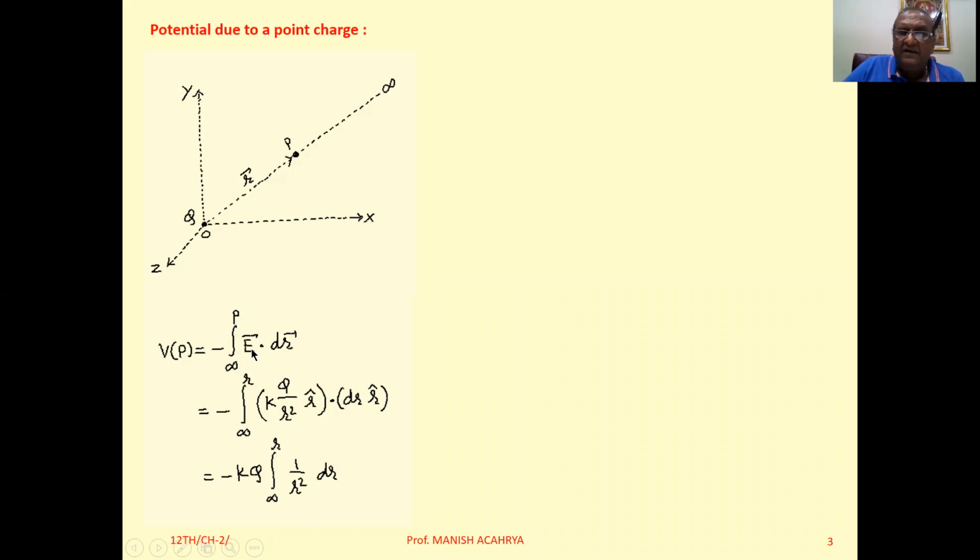Now the electric field at a distance r of a point charge capital Q is given by kq upon r square, and in vector form multiplied by r caret, dot dr r caret. But r caret dot r caret is 1. So we can rewrite this as minus kq integration from infinity to r of 1 upon r square dr. Clear to all of you?